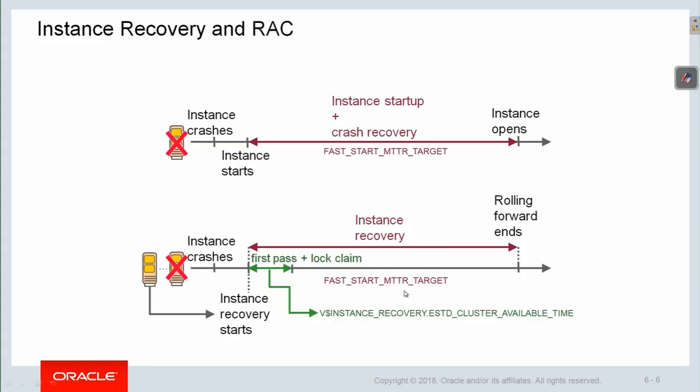And you can control it the same way using FAST_START_MTTR_TARGET. Okay, so first pass and second pass, and recovery of data blocks identified. And also once you set FAST_START_MTTR_TARGET, from V$INSTANCE_RECOVERY you will see one column, ESTIMATED_CLUSTER_AVAILABLE_TIME. So how long does it take to make the cluster available again in case of instance recovery in a RAC environment. That's what you can see from here.